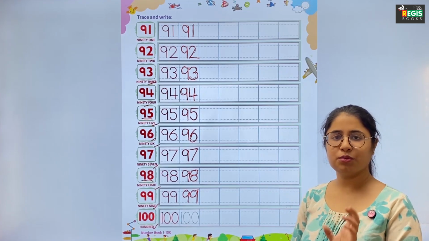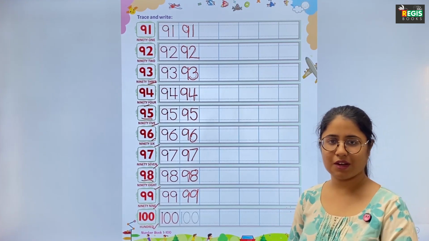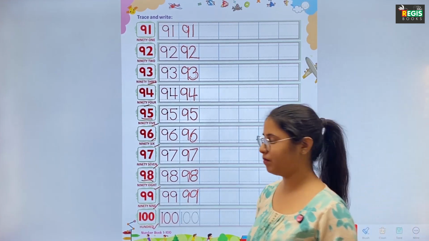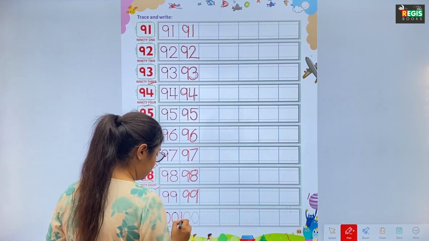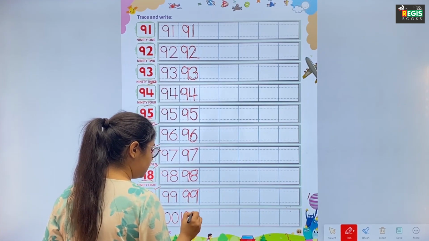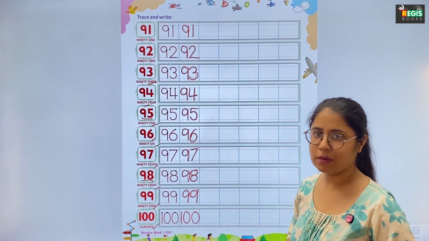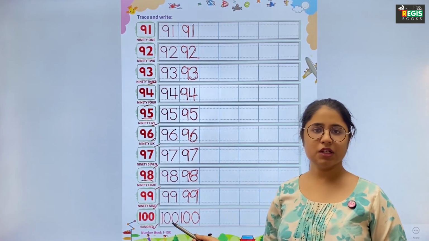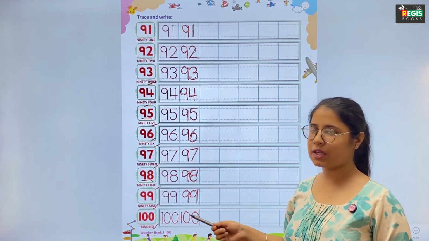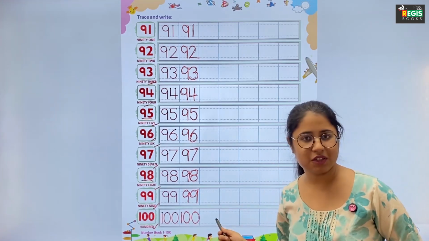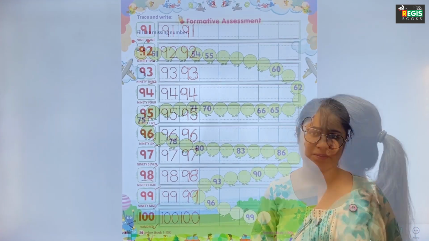So it becomes 100. Let's trace with me. First write 1, then 2 times 0, 100. So kids, now you will practice all these numbers by writing multiple times in their respective boxes.